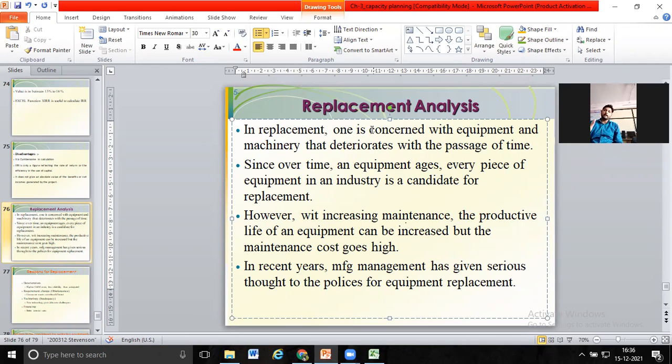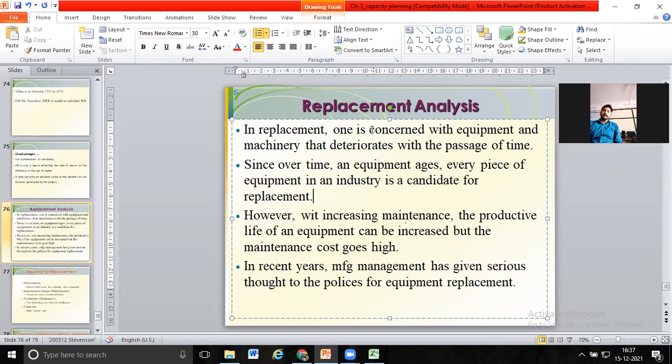try to minimize those errors or try to reduce the tolerance by doing the maintenance. And after some time period the maintenance cost, initially you are required to perform the breakdown maintenance or preventive maintenance after every 3 months or 2 months, but as time passes, the time period of maintenance goes on decreasing, and you need to perform the maintenance after every fortnight, or after every week.